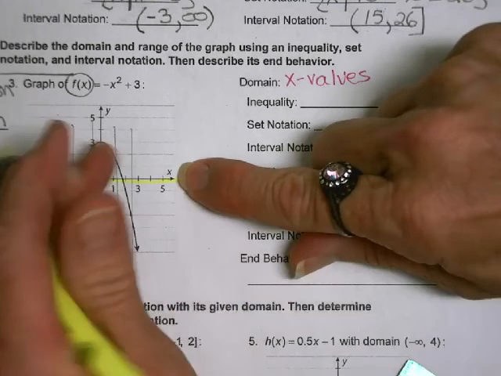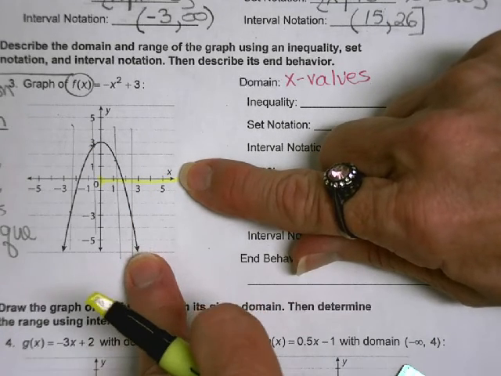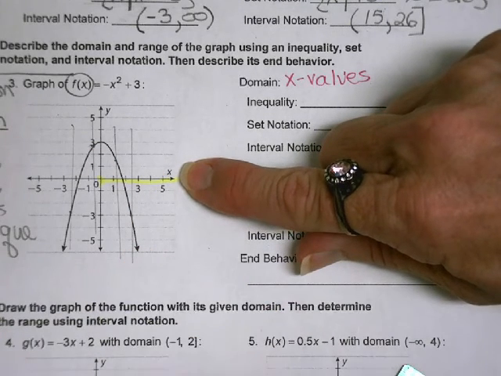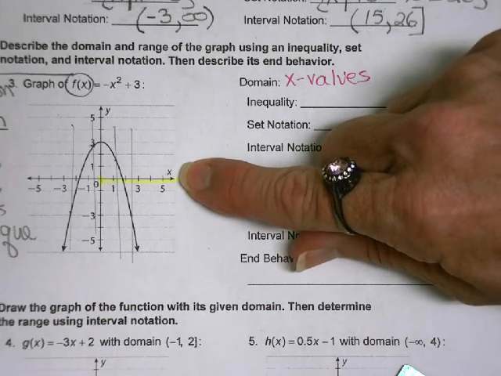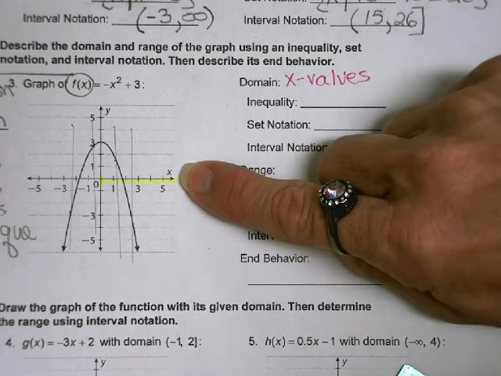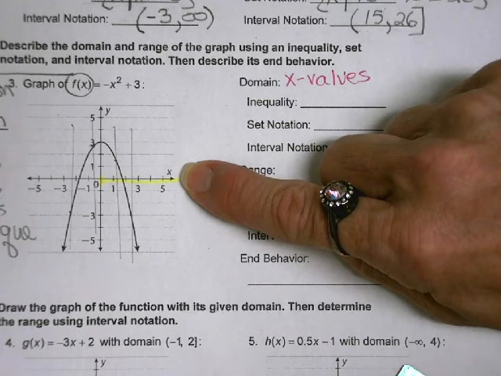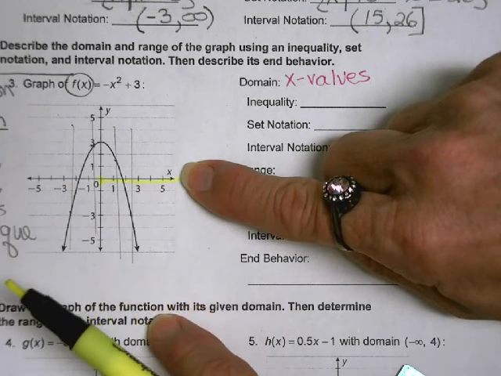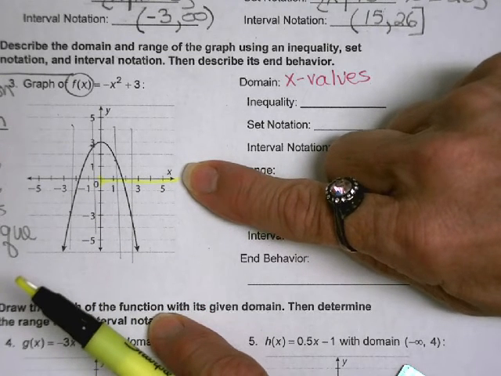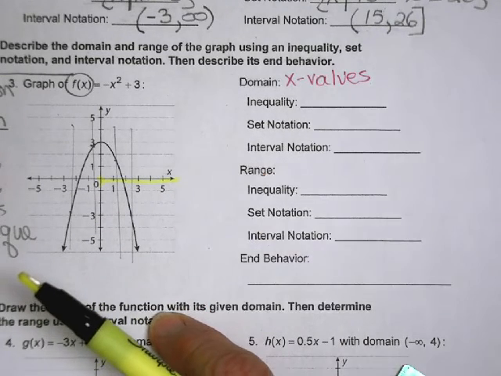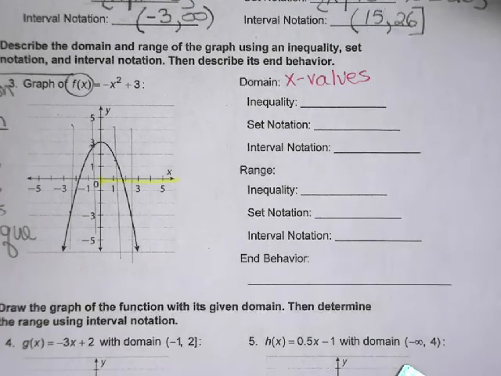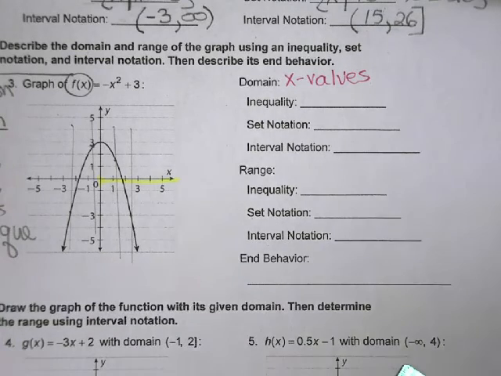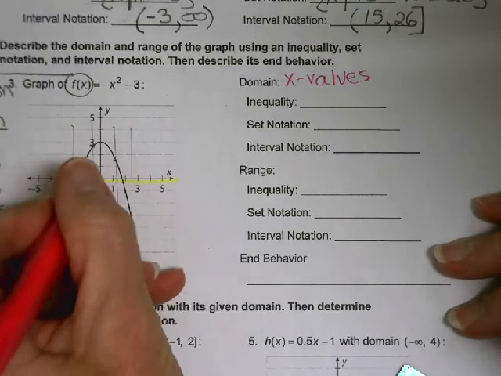If I start here at the beginning, 0, and I go to the right, this curve's going down. Is there ever an X that's not on this curve? You see the arrows? That means it goes on forever. Means as long as kingdom comes, there's going to be an X value on this curve.